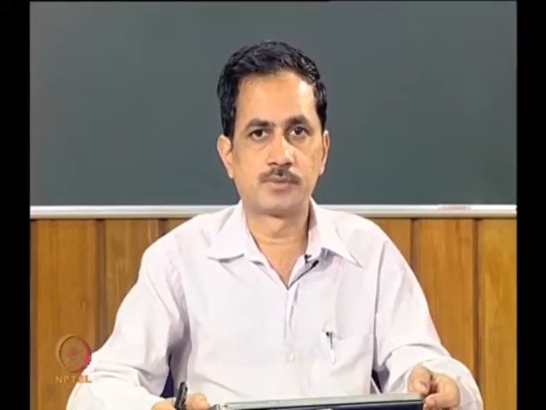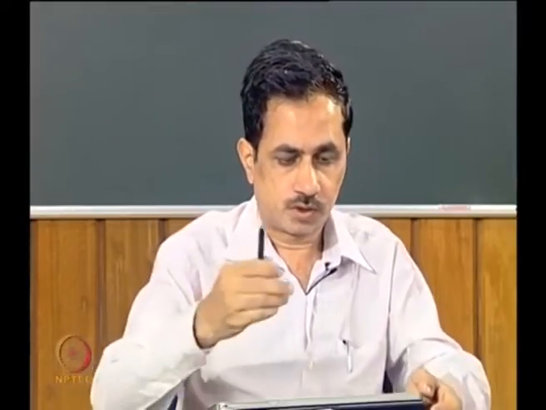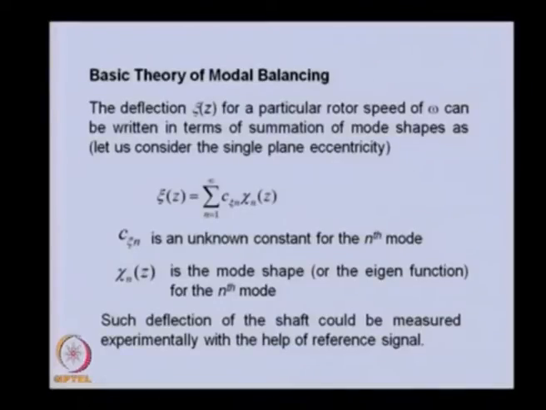Now we know the basic difference between flexible rotor and rigid rotor balancing, and we have introduced the modal eccentricity concept. Now we will focus on the basic concept of how we can use modal balancing for a rotor. In this particular case, the deflection of the shaft in the xi direction is a function of z.